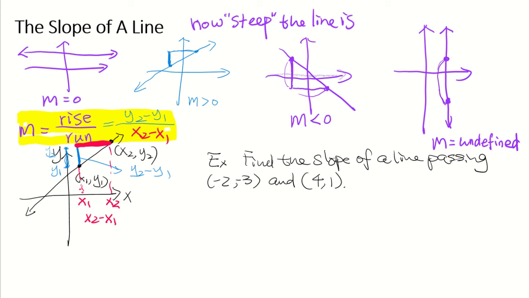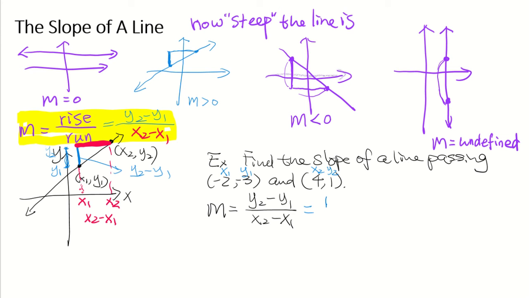To find the slope of the line passing those 2 points, we can use the slope formula, which is y2 minus y1 over x2 minus x1. To make it easier to see, you can mark x1, y1 as the first point, x2, y2 as the second point, and then plug in the numbers.